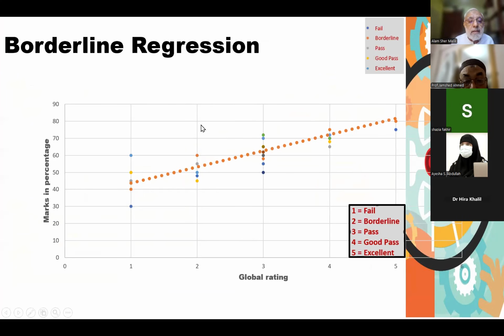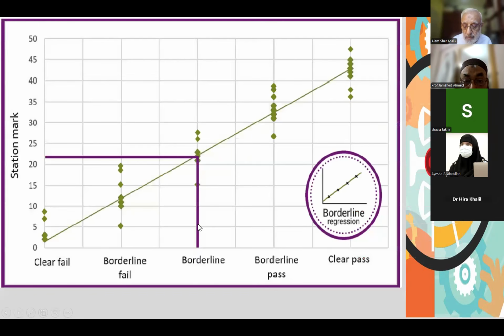Now here is the global rating. 1 is fail, 2 is borderline pass, 3 is clear pass, 4 is good pass, and 5 is excellent pass. Once we have plotted this, these are the students' marks, and these are their global ratings, and then we draw a trend line.